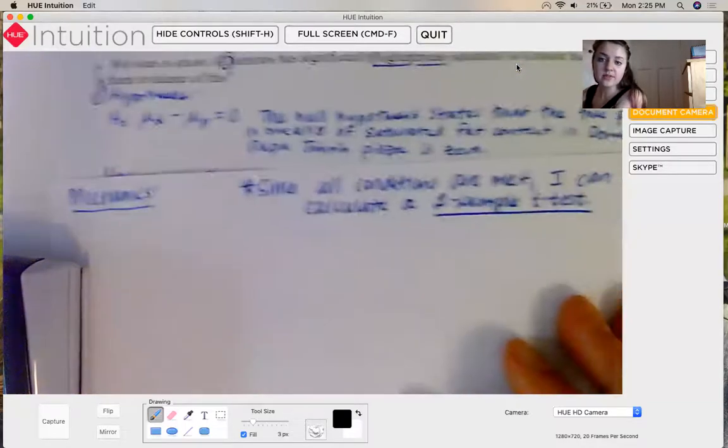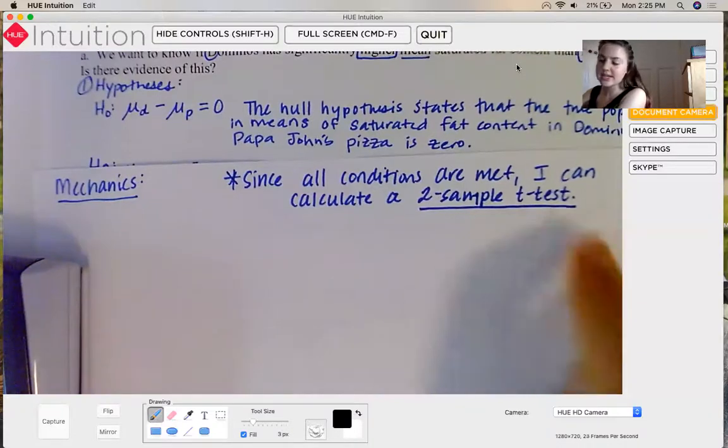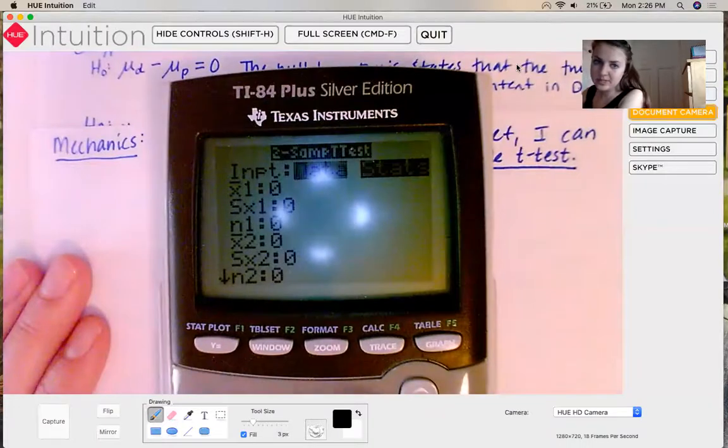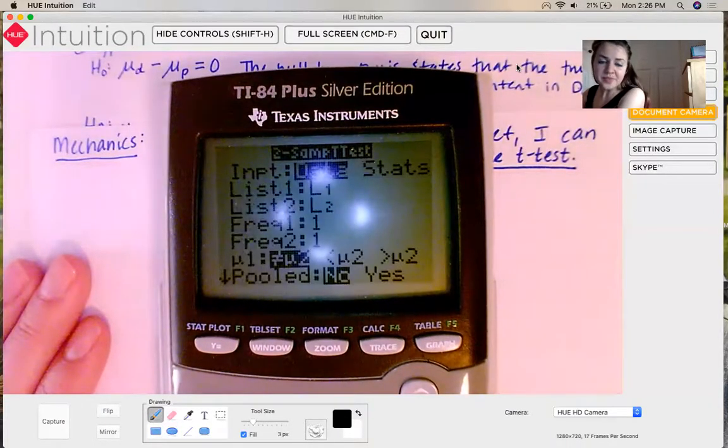So that's how the AP takers are going to know what test I'm doing in the calculator. Now, I definitely use data for this one because I entered all my data in, and that's how you're going to do your project too. So list 1 is my Domino's pizza. That's perfect. List 2 is my Papa John's pizza. Very good.